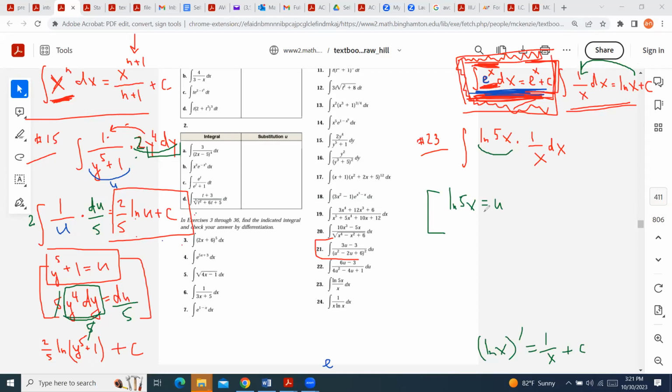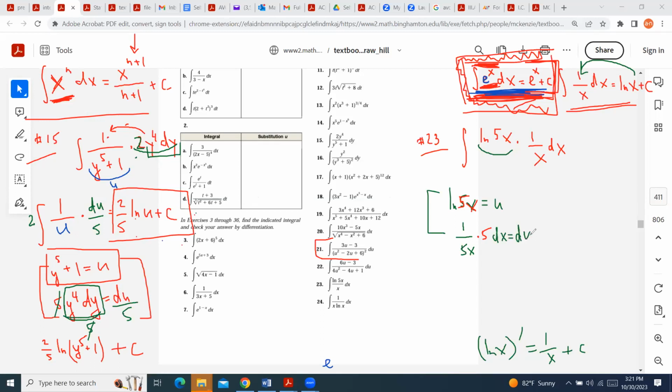So what's the derivative of ln 5x? Well, it's going to be 1 over 5x, but the chain rule says, Alex, you have to also multiply this by the derivative of this 5x, right? Which is 5. And of course, you're going to attach dx to it and have it equal to du.